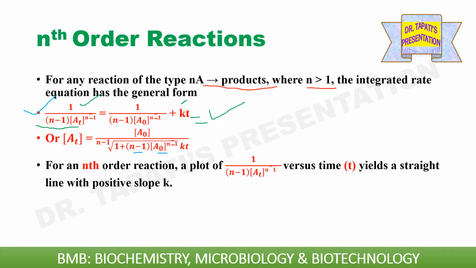And in that straight line equation, you will get the y-intercept, that is the c value, as 1 by (n minus 1) into [A0] power of (n minus 1).